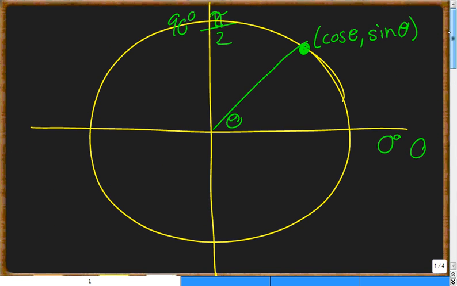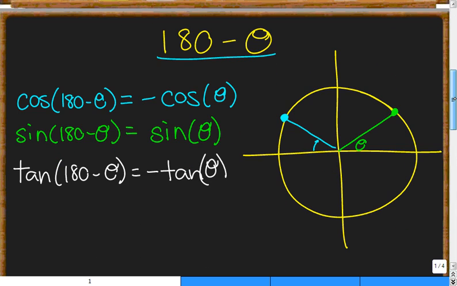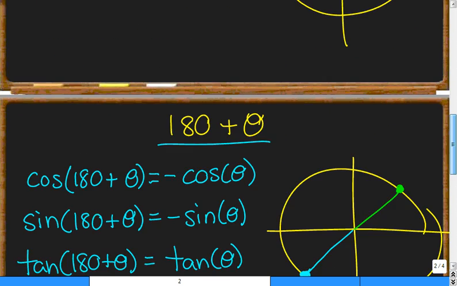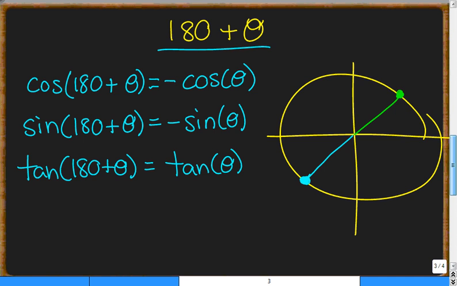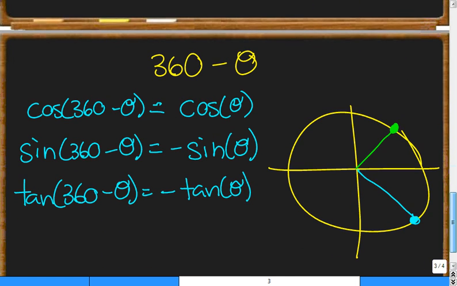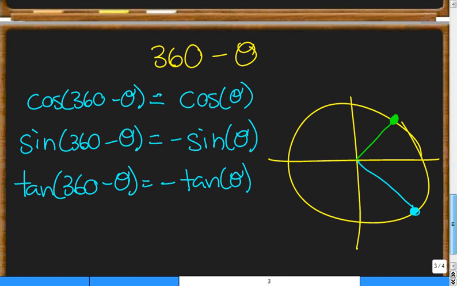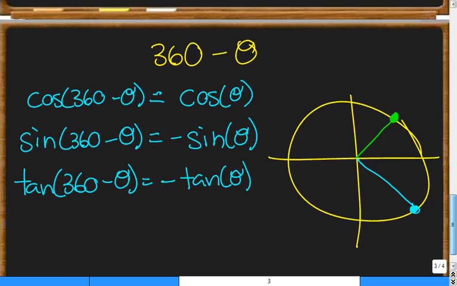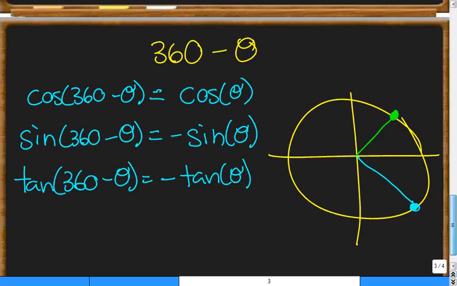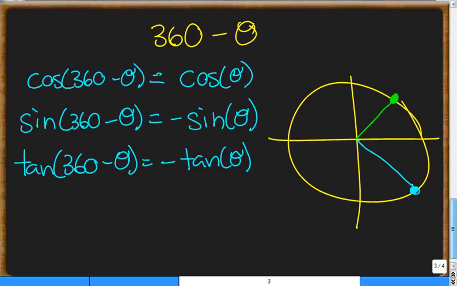So again, if we know the first quadrant, we can figure out the second quadrant values of sine, cosine, and tangent. We can figure out the third quadrant, and then the fourth quadrant. The only thing that ever changes is just the sign of whatever that value is in the first quadrant. And being able to picture it on the unit circle makes it very easy for us to figure this stuff out.